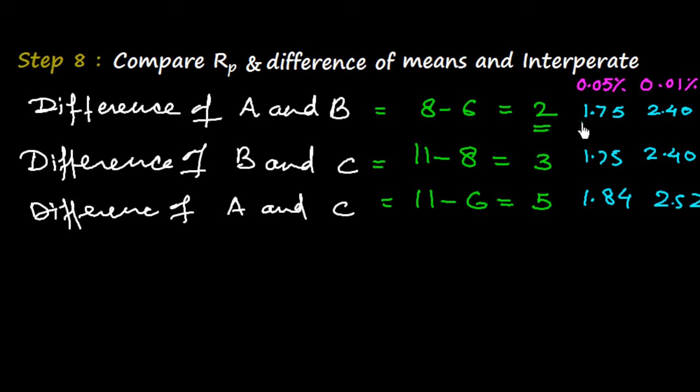So there is a significant difference between A and B. And at 1% there is no significant difference because 2 is smaller than 2.40. So here I interpret that.